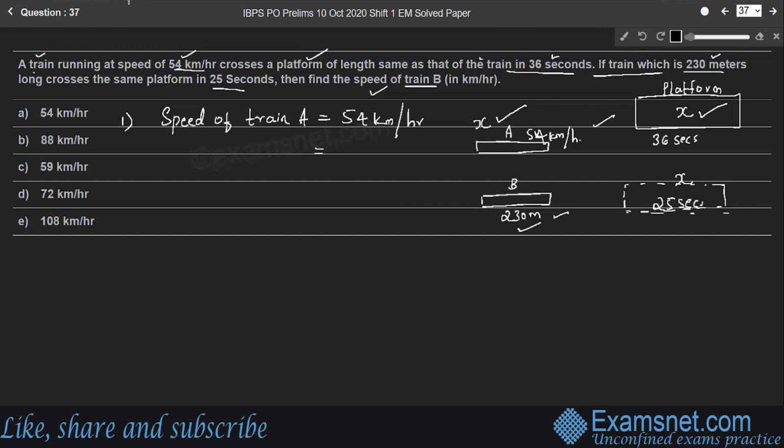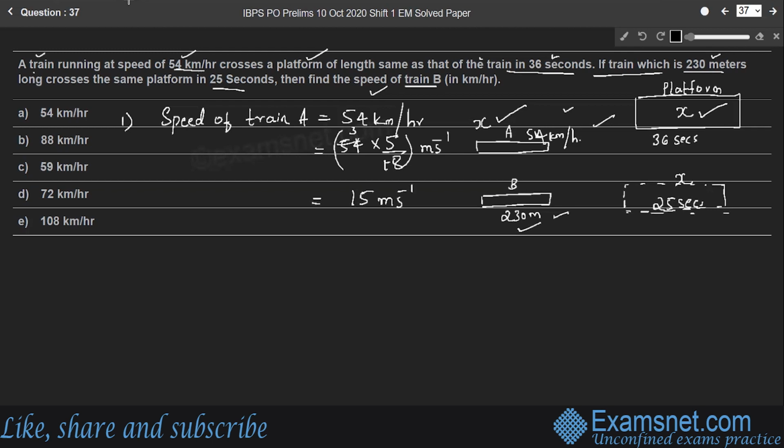So it is better to express the unit in meter per second. 54 km per hour is equal to 54 into 5 by 18 meter per second. So conversion of kilometer per hour to meter per second. 18 into 3 is 54, so it is 15 meter per second, the speed of train A.